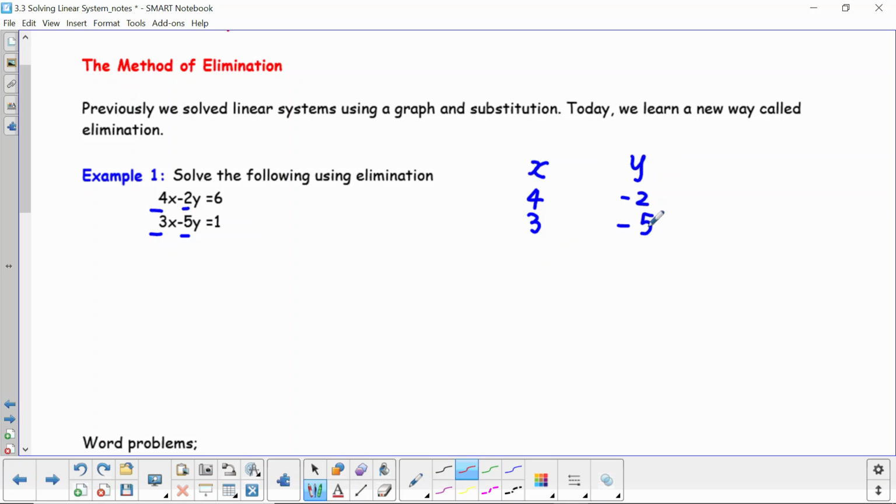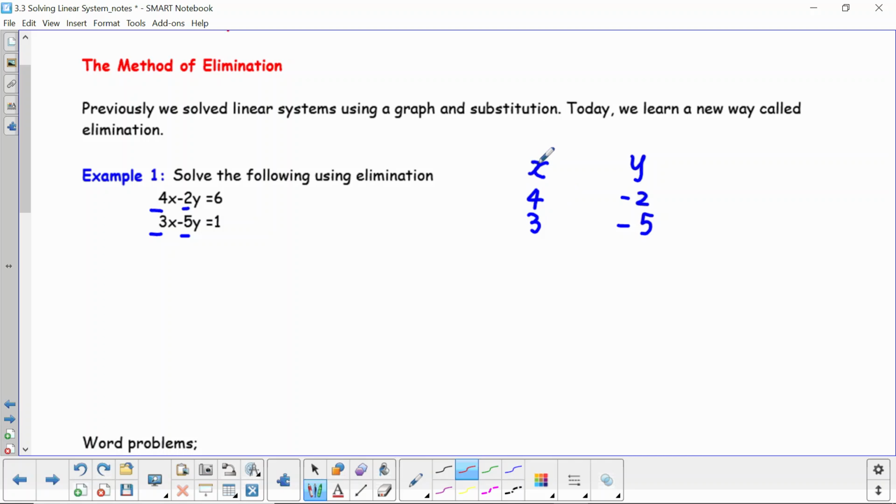So we could eliminate y, or we could eliminate x. So we change them to the same, then we subtract, then the x will be gone. Or the y, we change both of them to -10, then subtract -10 from -10, it will be gone. Then only x left.